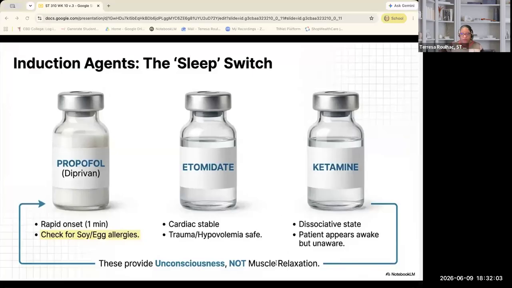So think about it this way. They are unconscious, but the muscle reflexes have not been relaxed. Think about the gag reflex. What would happen if the anesthesia provider was trying to intubate a patient who was, yes, unconscious, but their muscles were still able to show different reflexes?